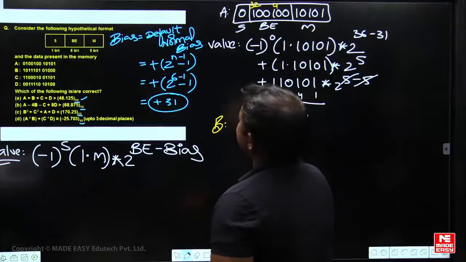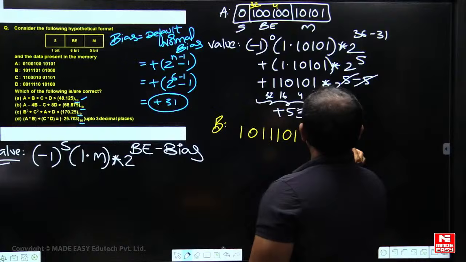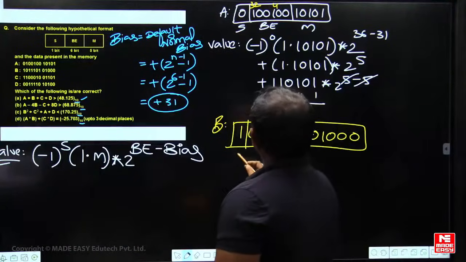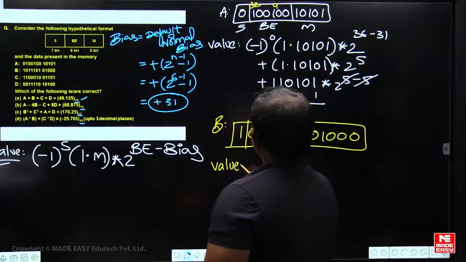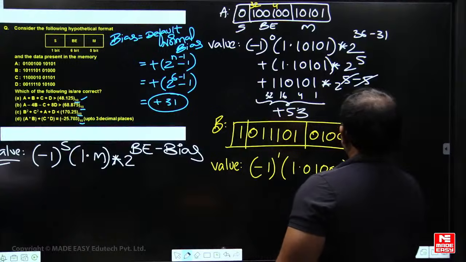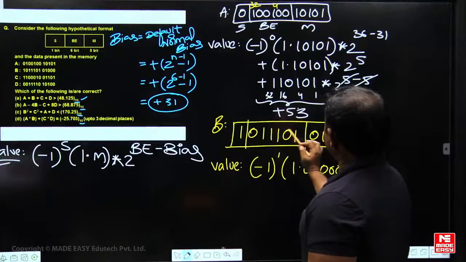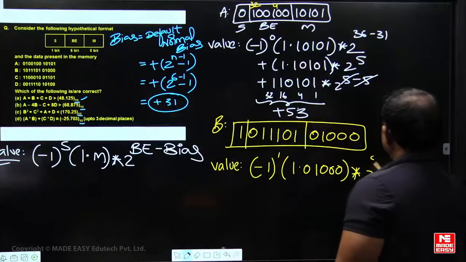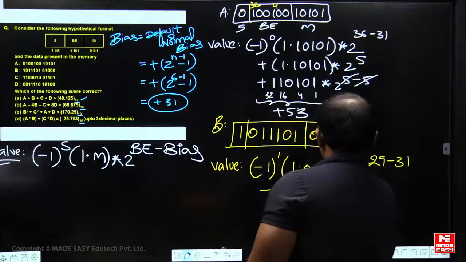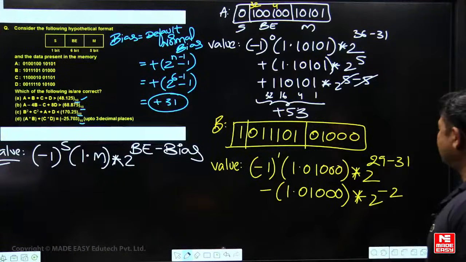For B, what is that? 1 0 1 1 1 0 1 0 1 0 0 0. Sign is negative. Value, same thing: minus 1 to the power of 1, 1.01000 into 2 to the power of, okay, what is this value? 29, correct? 29 minus 31. So minus 1.01 into 2 to the power of minus 2.